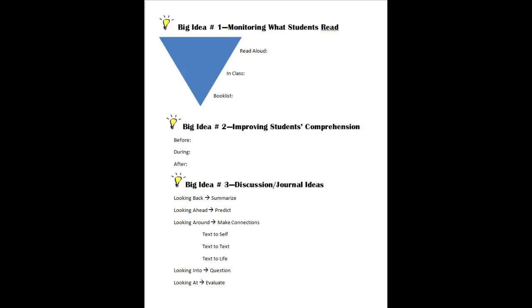And he has 3 columns on there of before, preparing to read, during, questioning and commenting, and then after, summarizing and synthesizing. And so he breaks down things that they can do or talk about or journal, jot notes on their reading before, during, and after.